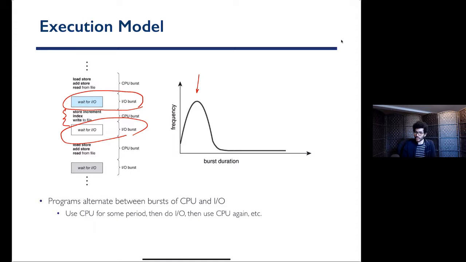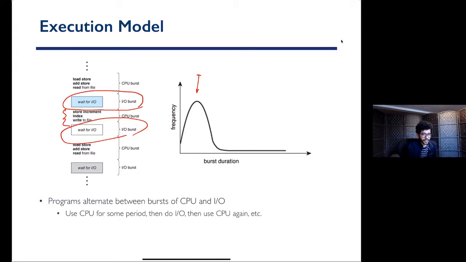So whatever solution we come up with should take care of the majority of our CPU bursts. So we want our scheduling policy to be friendly towards short tasks, and we'll see how this plays a role.